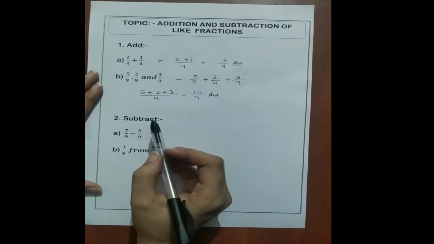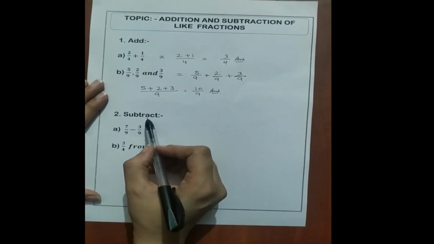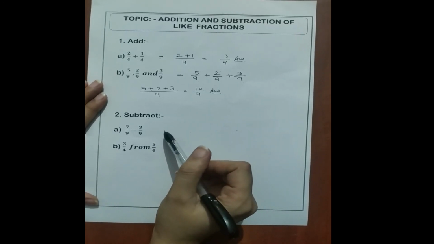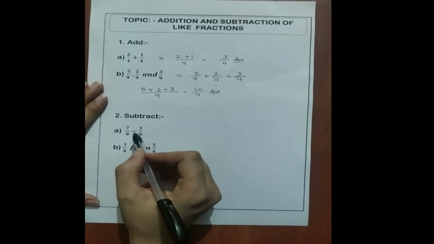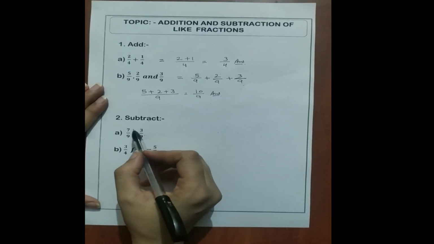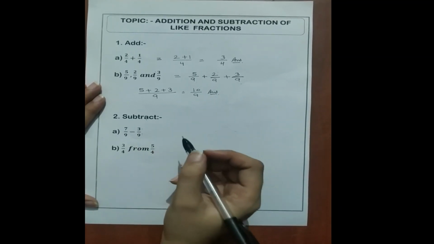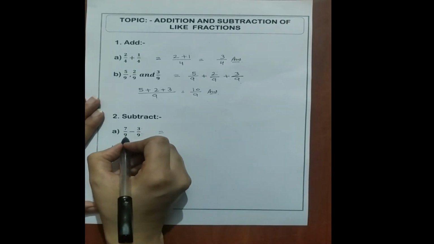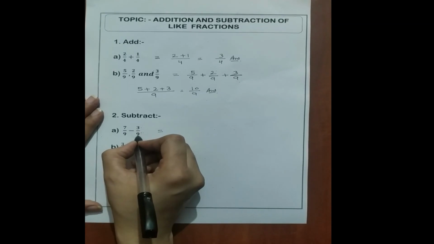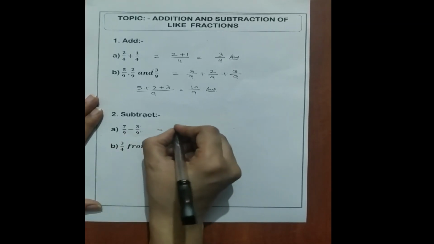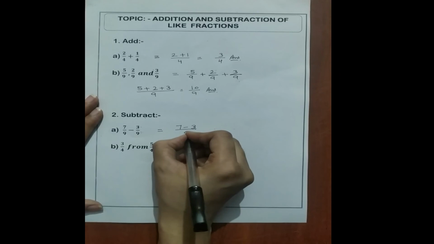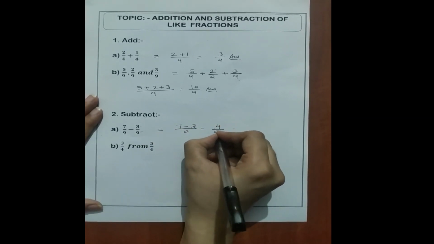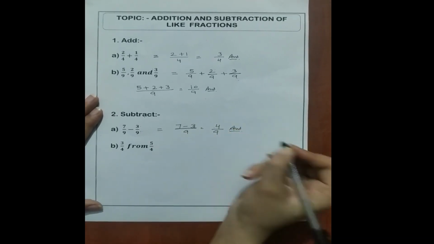For the subtraction of like fractions, the rule which we followed in addition works here also. If the denominator is same, subtract only the numerators. Let's see the example. Here the denominator is 9, here also 9. 7 minus 3 upon 9, 4 by 9 is the answer.